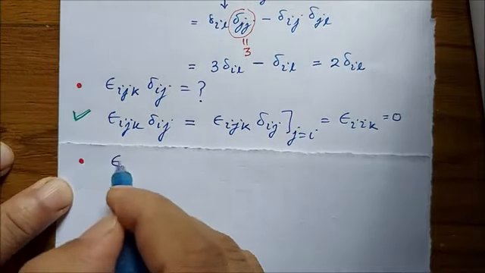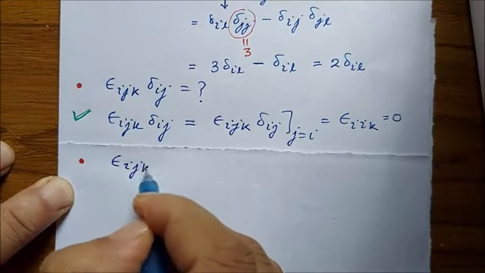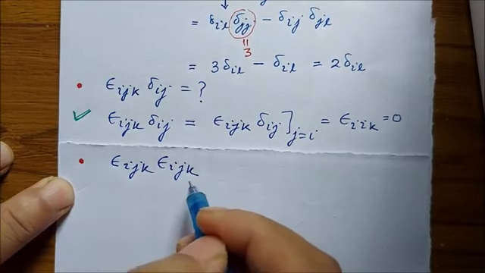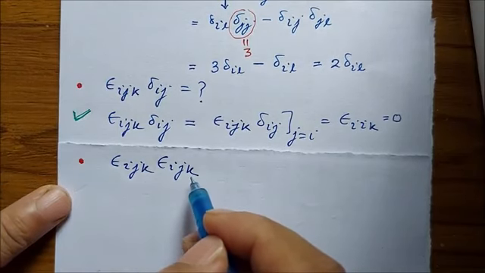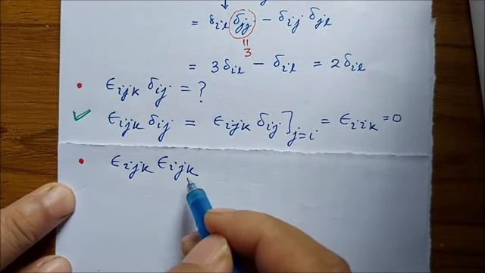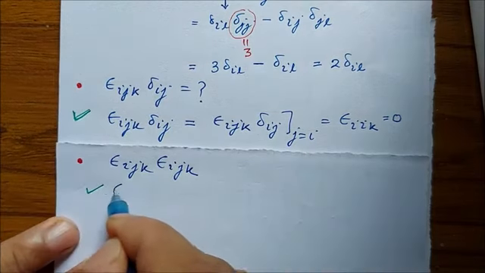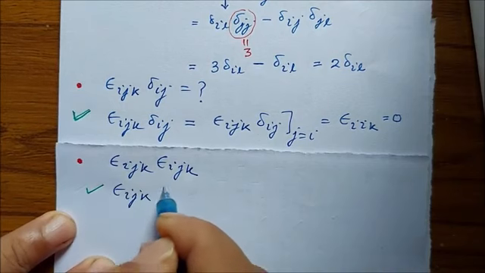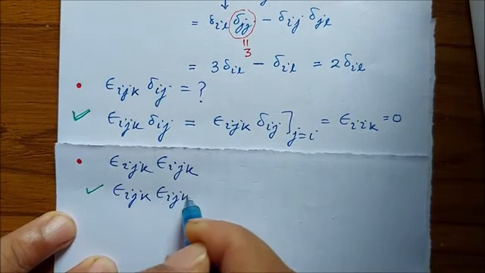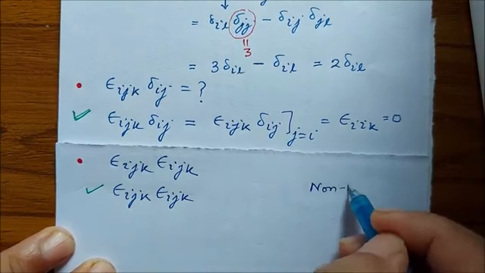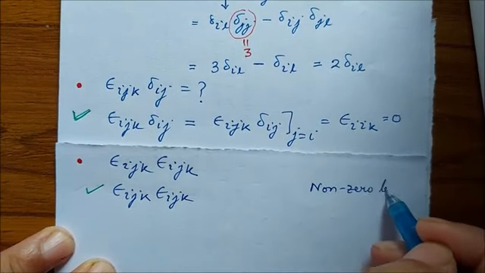We have to find the value of epsilon ijk into epsilon ijk. This is an important problem, and we will do it in 3 ways. The first method is: let us consider which terms are non-zero, that is the surviving terms.